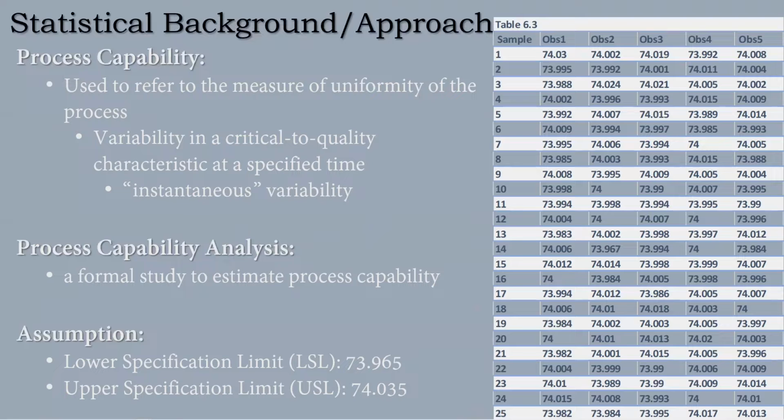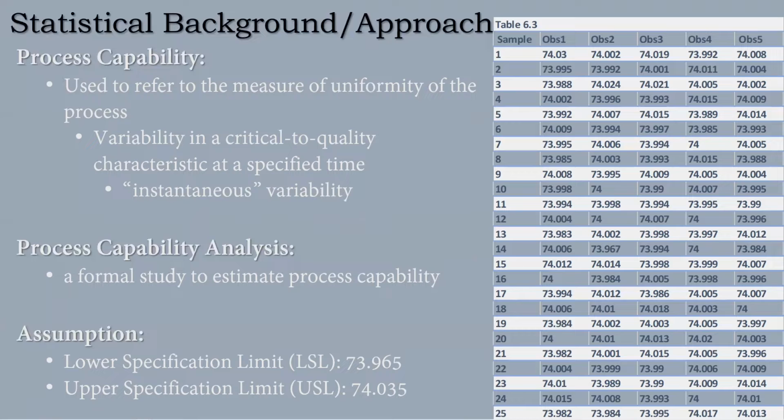To answer our objective question, we need to talk about process capability. Process capability refers to the measure of uniformity of the process. In this case, we are looking at instantaneous variability. This is the variability in a critical to quality characteristic at a specified time.